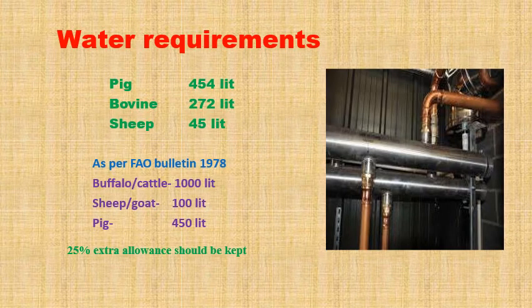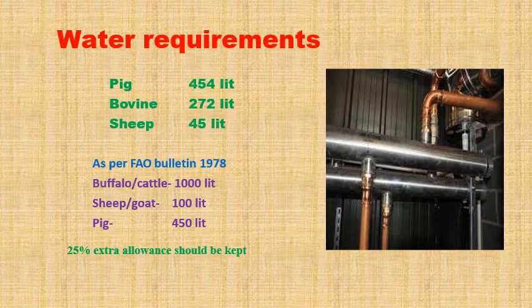Water requirements. In general, the standard international figure as per textbook for pig is 454 liters, for bovine 272 liters, and in case of sheep 45 liters. This is per animal. Now based on this we have to calculate the total amount of water required, depending on the number of animals to be slaughtered.